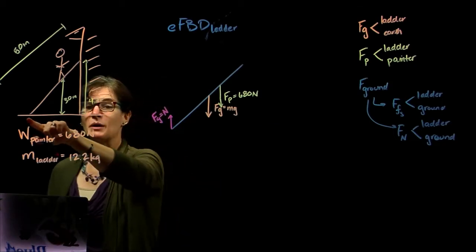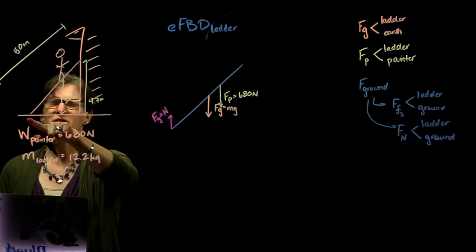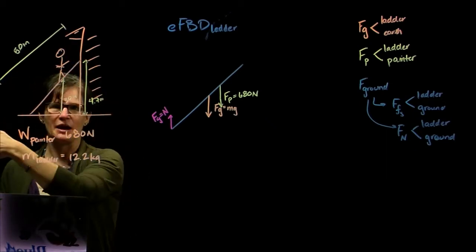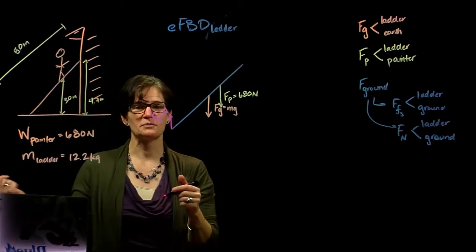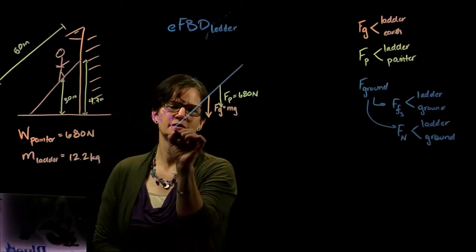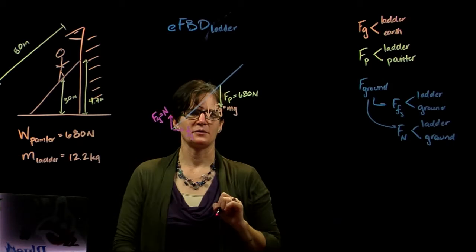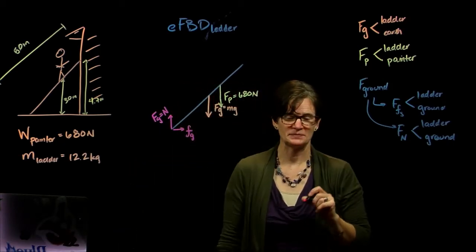And if there was no friction, the ladder would move that direction. It would slide down and out. So friction must be opposing that motion. We can say that the force of friction of the ground is acting in that direction.